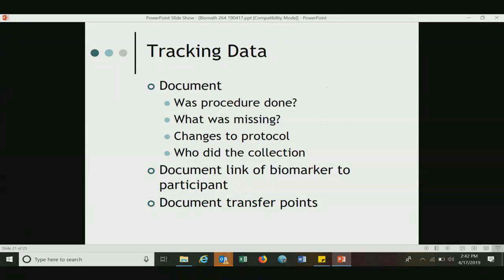Sometimes you can have them both in the file, but sometimes it actually requires entering it. But for anonymity, we need some way to connect the sample back to the patient should we find something that's wrong, for example. But for anonymity, we need a separate file that shows who's who.